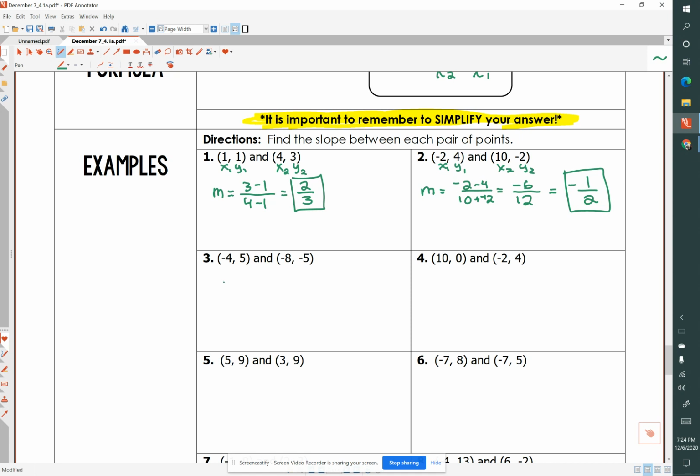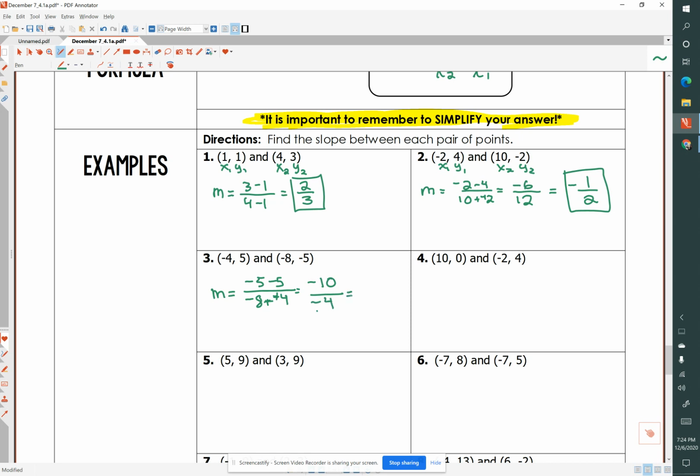Okay, number 3. So our slope equals -5 minus 5 over -8 minus -4, which is -5 minus 5 is -10. -8 minus a -4, remember you make them positive, which would be -4.